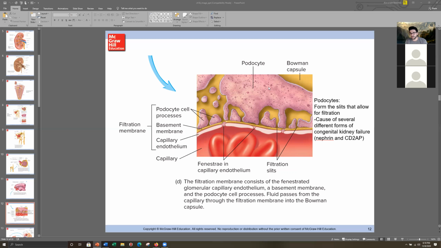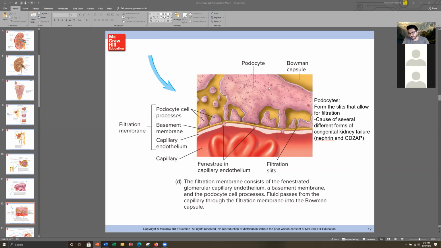So typically what ends up happening is there's some sort of genetic defect in the protein that forms the structure around those slits. It's usually one of two proteins called nephrin or CD2AP. So any sort of defects in those can usually cause some sort of acute kidney failure or a delayed response to kidney failure later in life. So that can happen if the podocytes aren't functioning the way that they're supposed to.